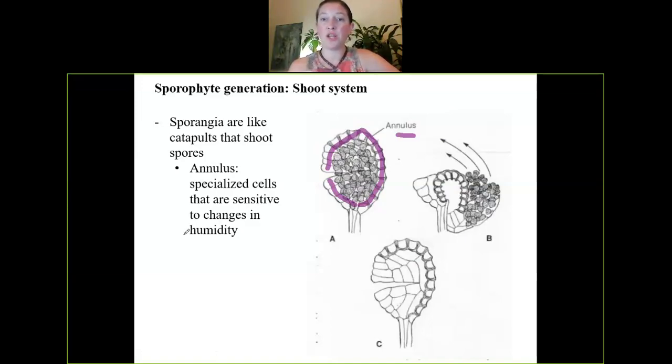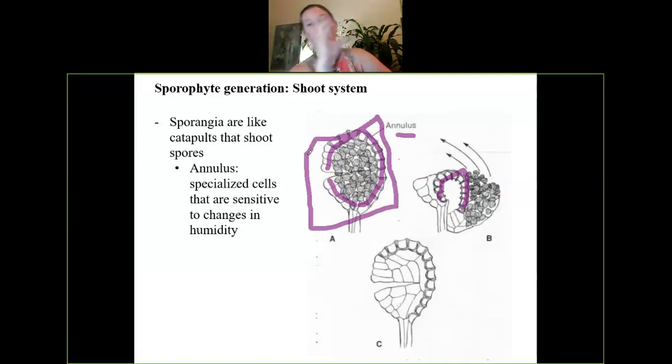And when the humidity changes in such a way, it causes the cells to change shape such that they pull back, kind of constrict. And this whole thing opens up almost like a Pac-Man. Whoa, like that, because of the annulus cells stretching due to changes in humidity. When that happens, eventually, because of physics, it has to give, and then it throws. And when it does that, it's going to throw all of these spores out of the sporangia like a catapult.